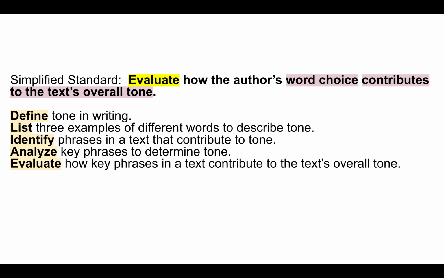Analyze key phrases to determine tone. So, looking at all these key phrases where we see the tone is coming through, they seem a little angry. They seem kind of defensive. They seem really optimistic, right? So analyze how those key phrases determine tone. And then I can use the key verb from the standard, that higher level verb. Now, I would not list all of these on the board.